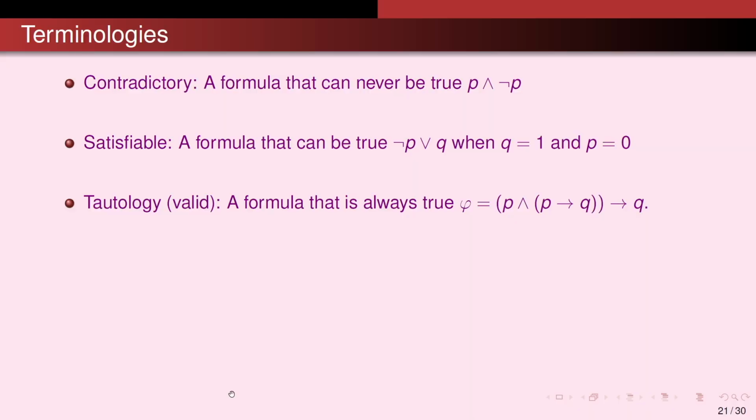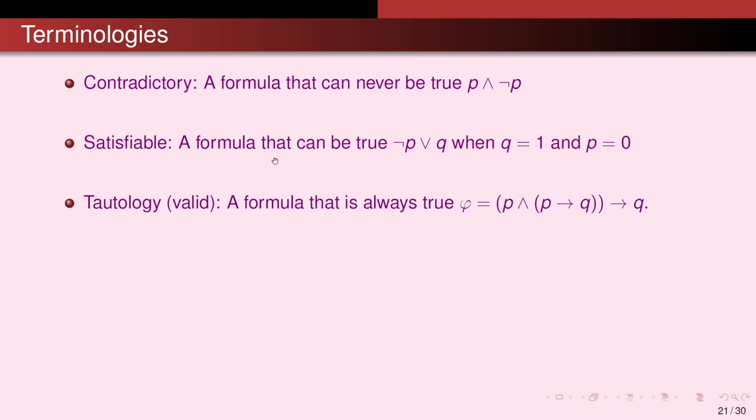So we say that a formula which is never true is called a contradiction. When P is there, not P cannot be true, and when not P is there, P is false again. So both are contradictory to each other. A formula that is always false is a contradiction.